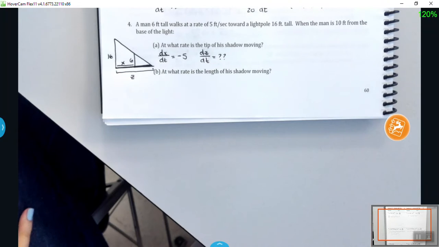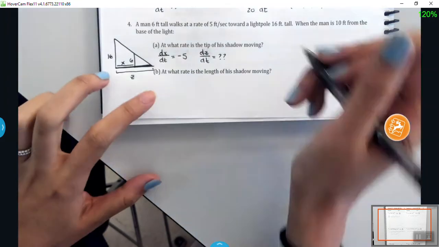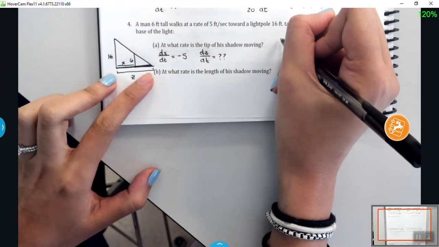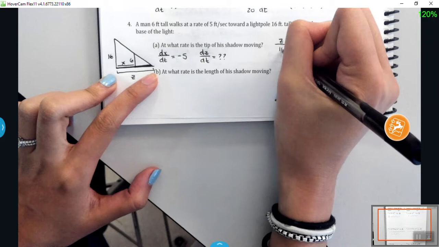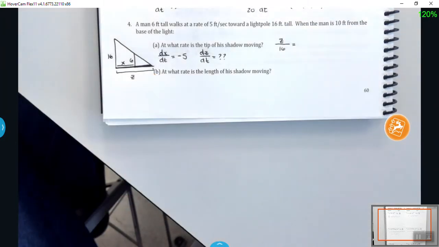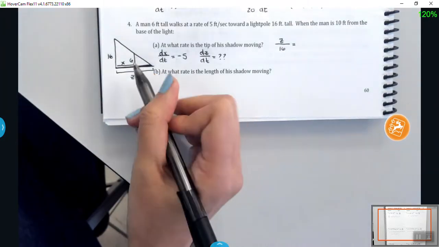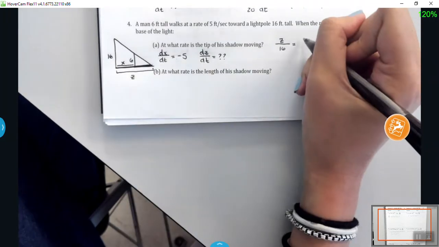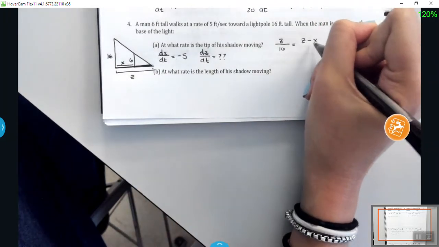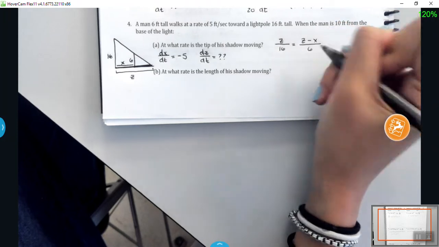We're going to use similar triangles again. So z over 16 equals z minus x over 6.